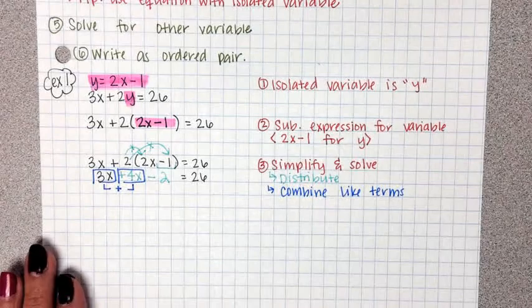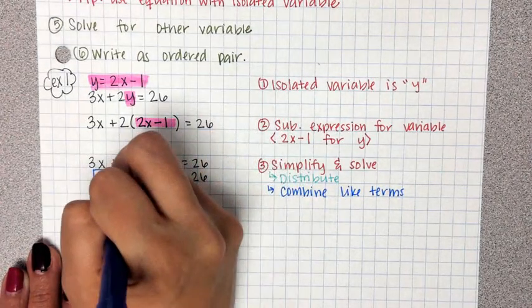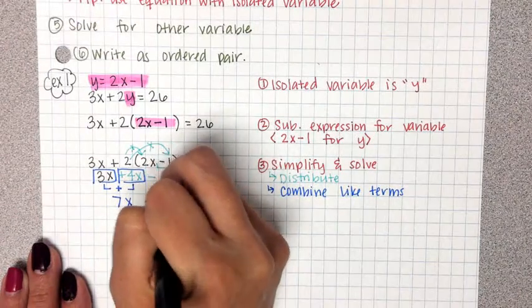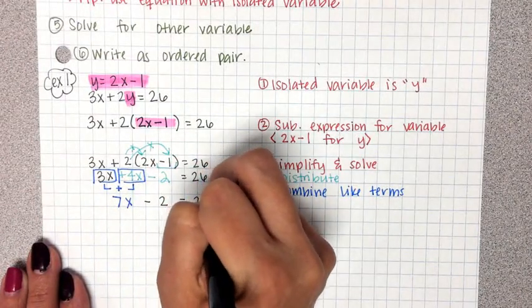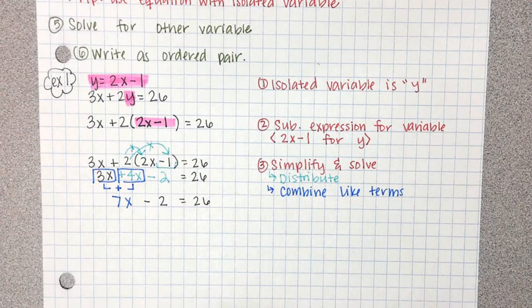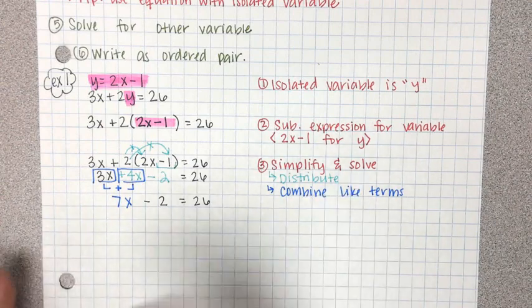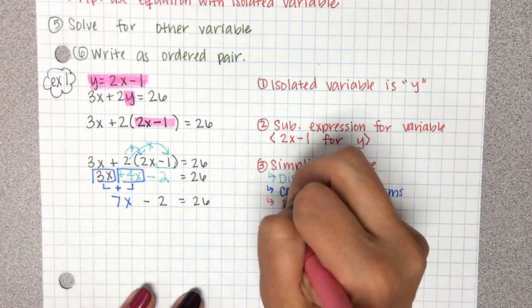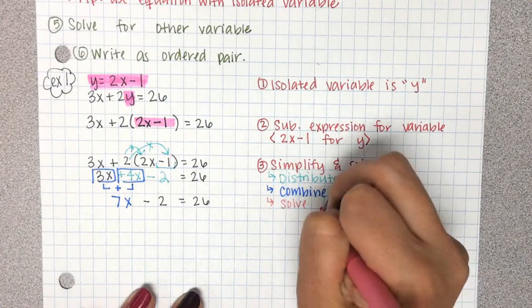So 3x plus positive 4x is 7x. I'm going to go ahead and drop everything else down. And lastly, now we have a two-step equation. Now, it's been a while since we've done it, but it should come second nature pretty much to most of you by now. So the last thing is I'm going to solve for x.